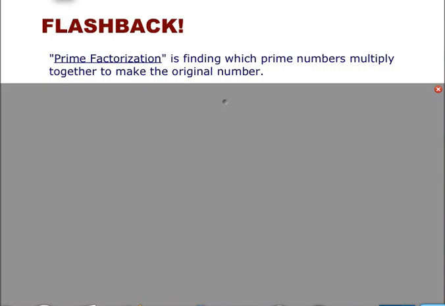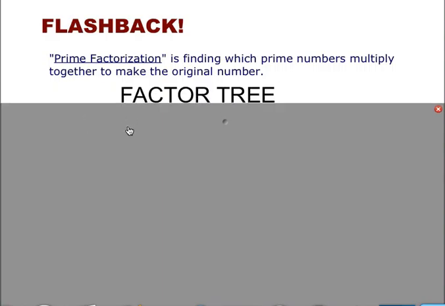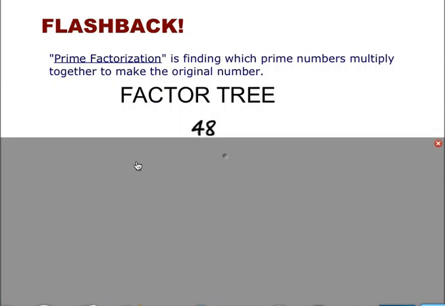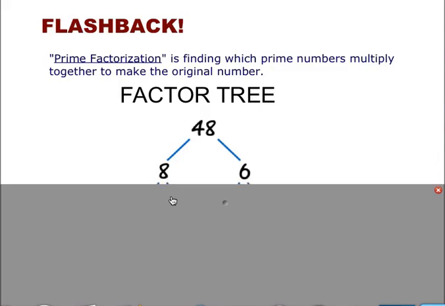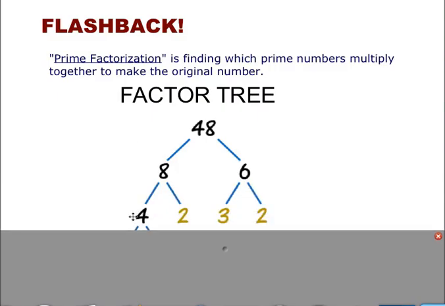Prime factorization is finding which prime numbers multiply together to make the original number. For example, if you are given the number 48, you would create a factor tree. And a factor tree would break down all of the factors that can be multiplied together to get that number. 8 times 6 is 48. 8 breaks up into 4 times 2. 6 breaks up into 3 times 2.